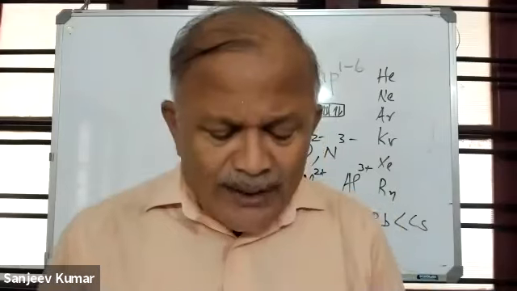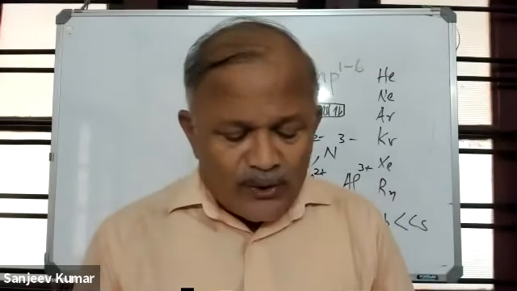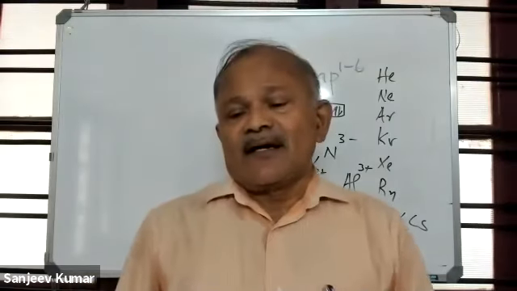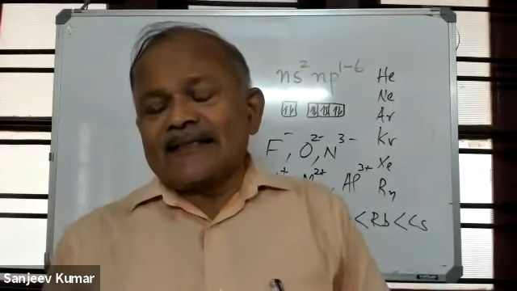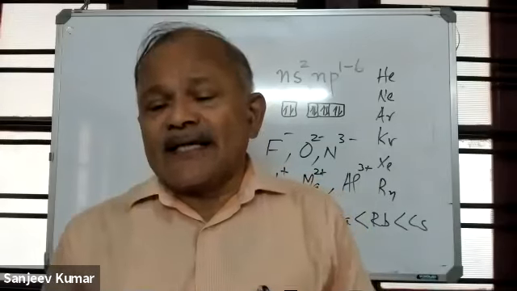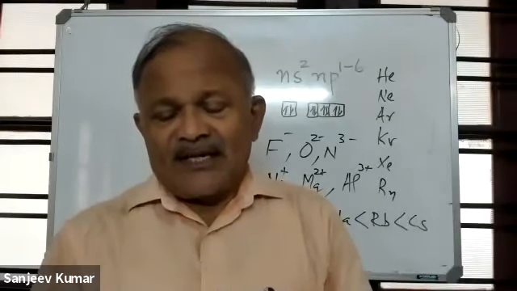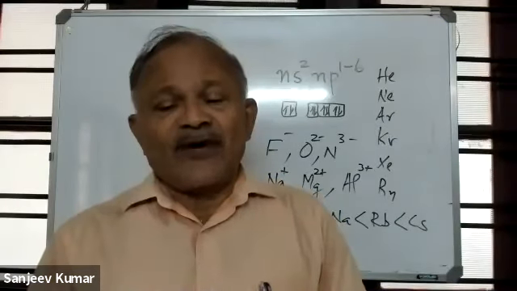Which one of the following ions has electronic configuration argon 3d6? Argon, with atomic number 18, is 1s2, 2s2, 2p6, 3s2, 3p6. That is the electronic configuration of argon.